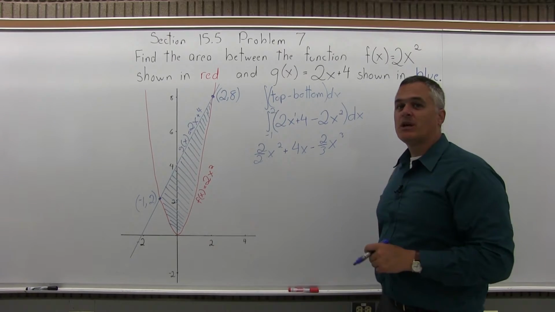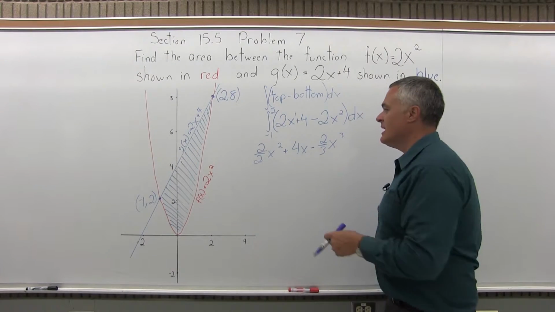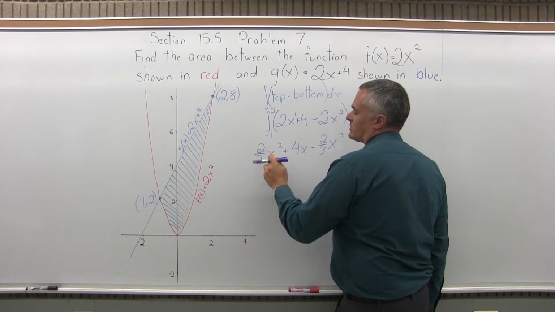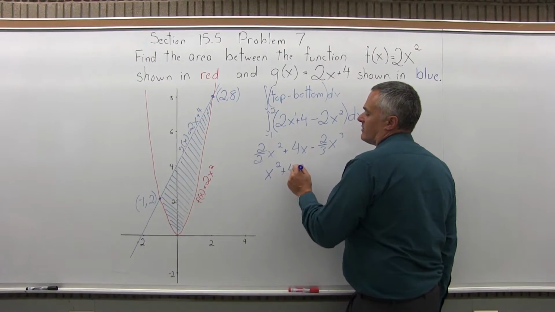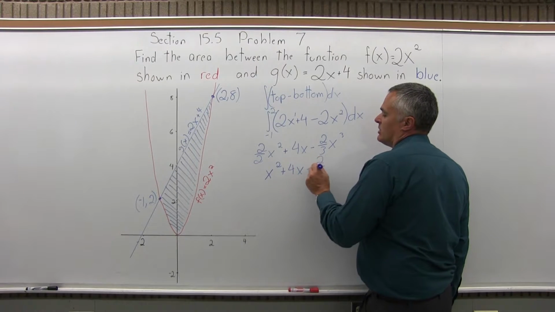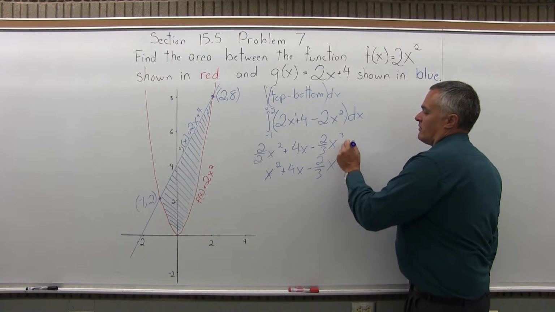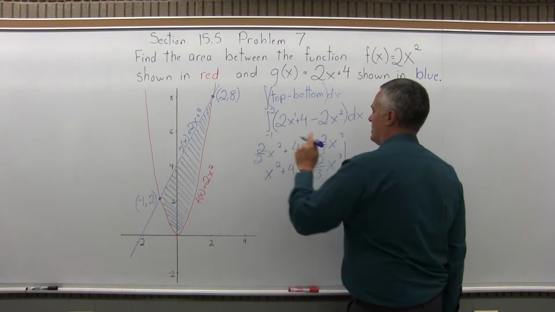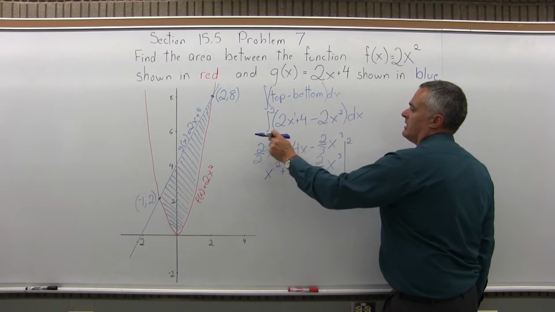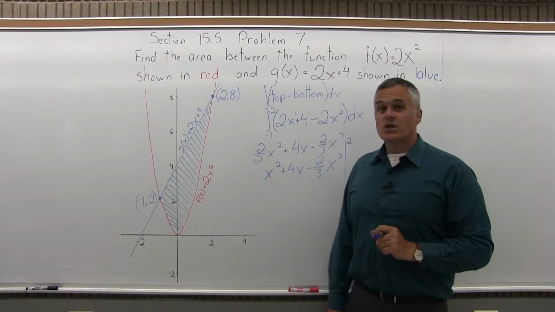There is a plus c, but I know at the very end it would cancel, so I don't even write the plus c. I can simplify the 2 over 2 x squared, let's just call that x squared, and leave the rest the same: the 4x and the minus 2/3 x cubed. I'll put a long vertical line after my answer for the integral, and put my limits of integration in, positive 2 as the upper limit and minus 1 as the lower limit. So that's step 1.